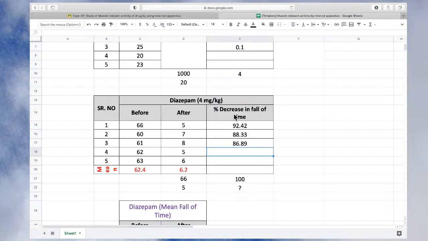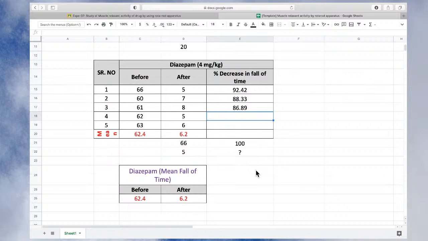Since there is a decrease in fall off time, this indicates that the drug given is muscle relaxant in nature. In the exam, we generally give you dummy readings where some readings show a decrease in fall off time and some show no decrease, and you need to identify which one is the muscle relaxant drug.